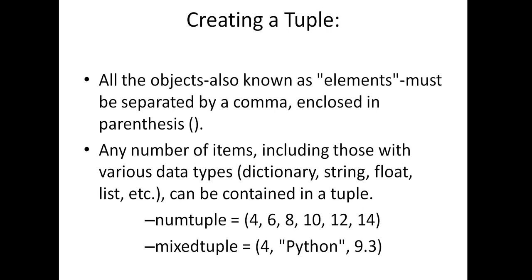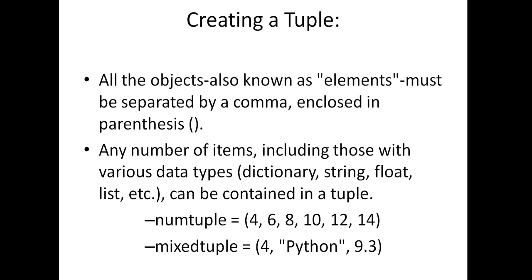There are two different tuples listed here for our understanding. First, the number tuple holds integer values: 4, 6, 8, 10, 12, and 14, right? This is one type of tuple, where the tuple holds all the same type of values.